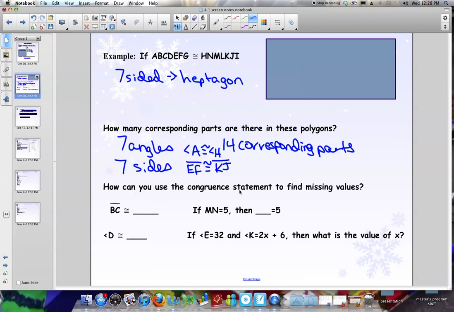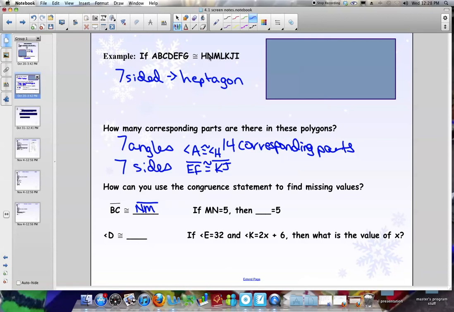You can also use these statements to find values. For example, segment BC in this one would be congruent to what in this one? And the answer to that would be NM. Okay?